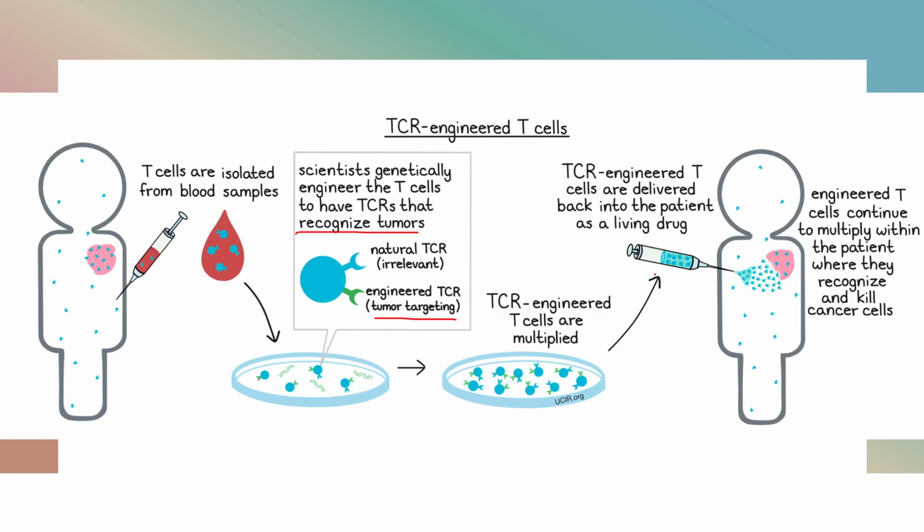Next, it is delivered back into the patient as a living drug. In case of cancer vaccine, remember it, we were using the dead tumor cells. Okay, not living. But in case of engineered T cells, we are using the living engineered T cells to deliver into the patient, that is, they act as a living drug, and these engineered T cells continue to multiply within the patient where they recognize and kill the cancer cells.